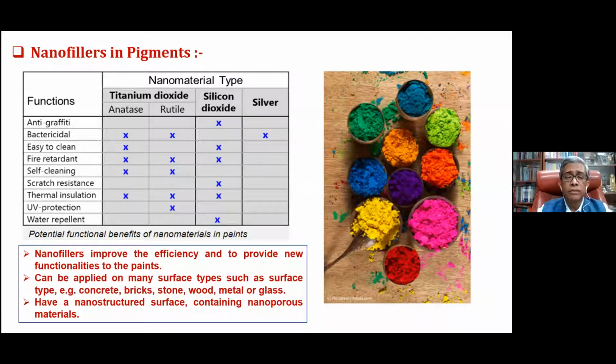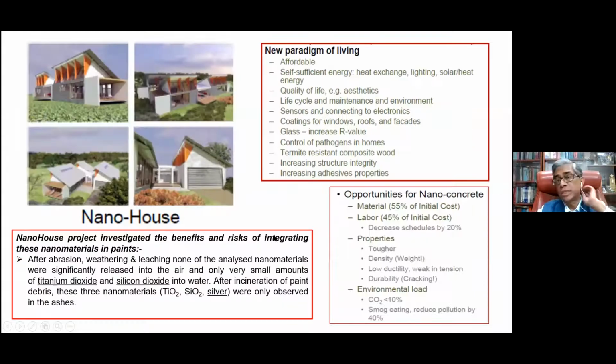They can also be applied to many surfaces: concrete, brick, stone, wood, metal, and glass. They have more compatibility and adhesiveness, and they have nanostructured surfaces, some of them having what are called nanopore structures.